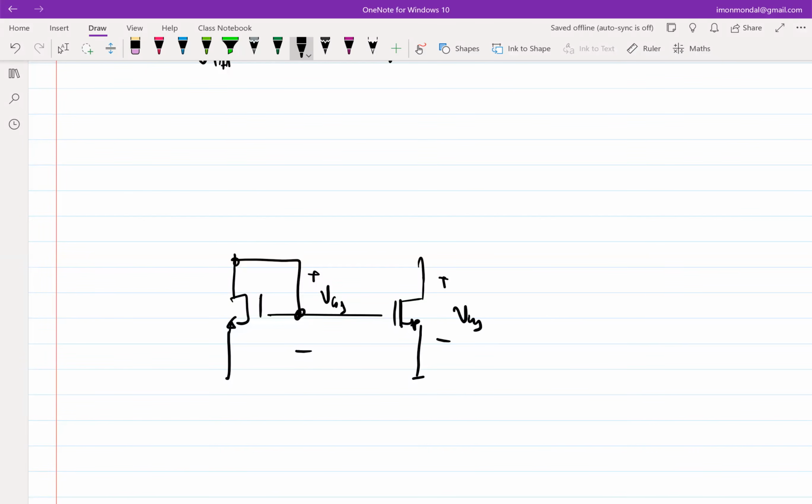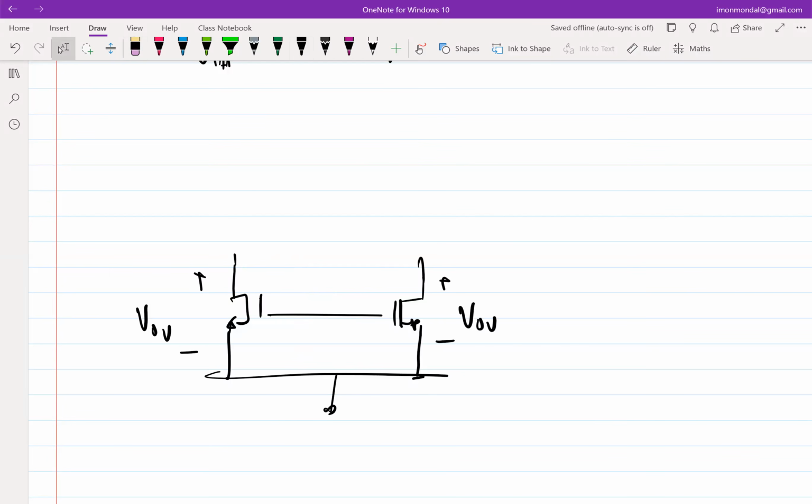That is a requirement. But if I don't diode connect, then the requirement of VDS for M1 is only one overdrive. Correct? So this can also be only one overdrive. Right? But the question is, how do I set the current?